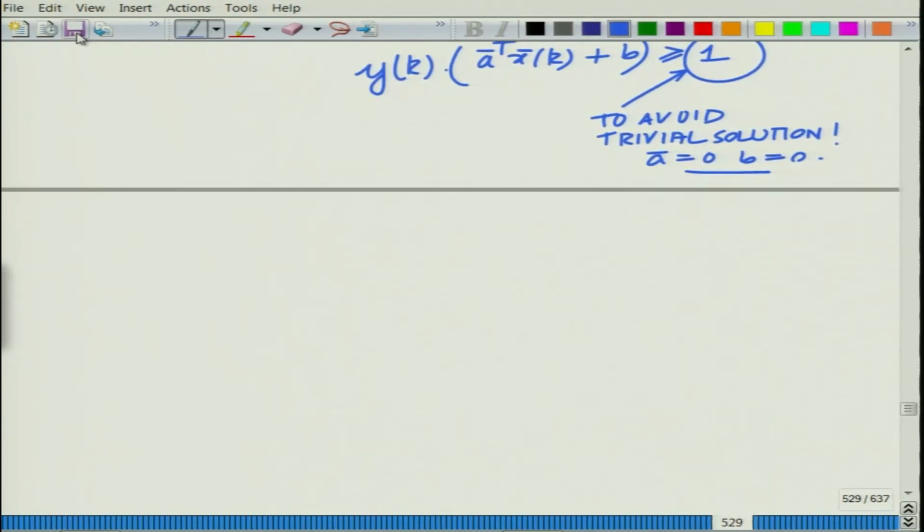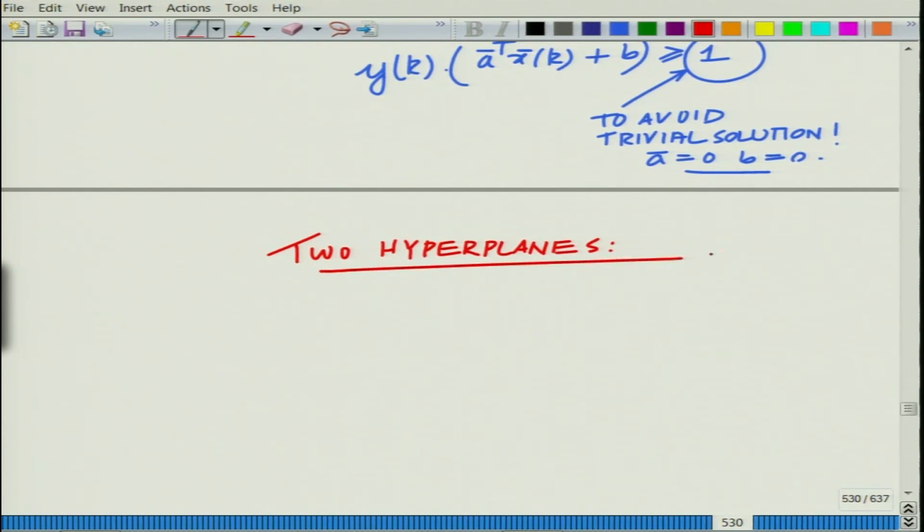So, to avoid the trivial solution, we tweak this a little bit. Now we have the two hyperplanes. What are the two hyperplanes? For y k equal to plus 1, that is class 0, what does this imply?